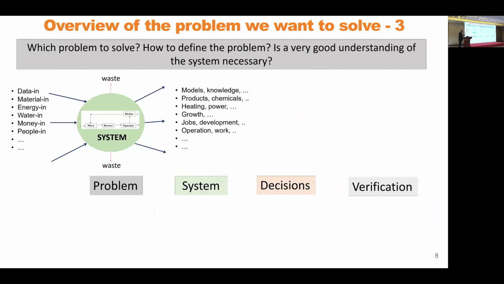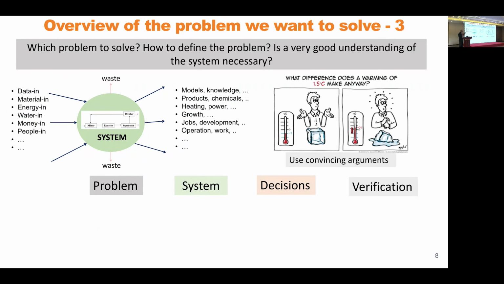So I come back to the system, and I will try to highlight some of the issues, not all the issues: the problem definition, the system boundary, decisions that we are going to make, verification. There could be many more, I'm just highlighting a few. And which problem to solve, how to define the problem. Do we need a very good understanding of the system?